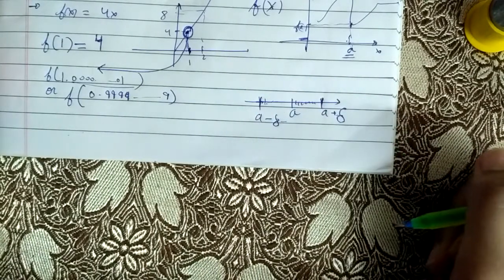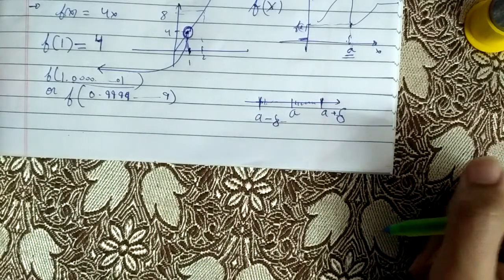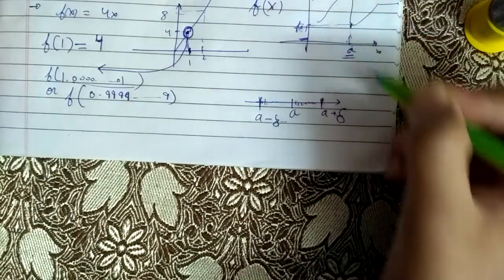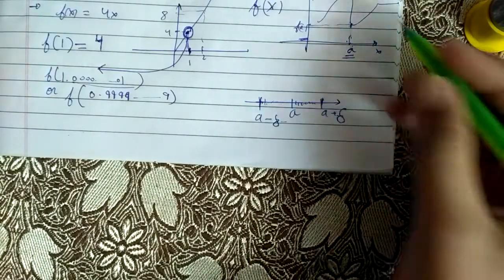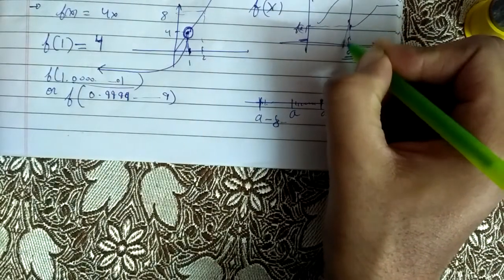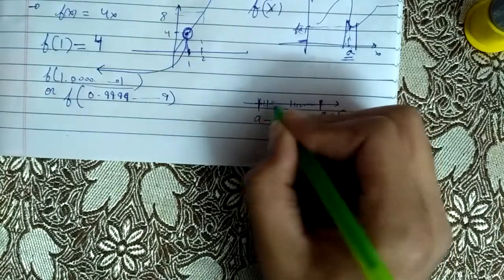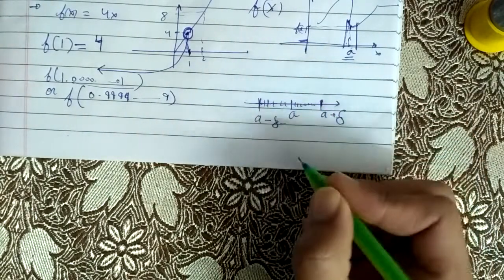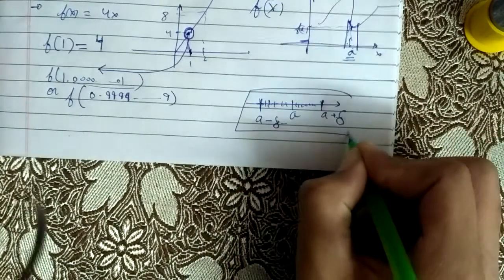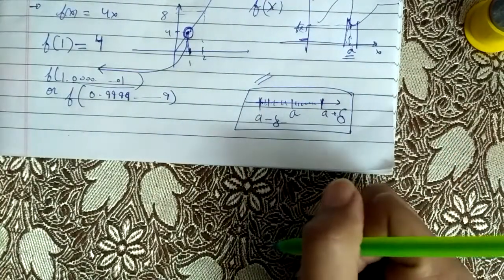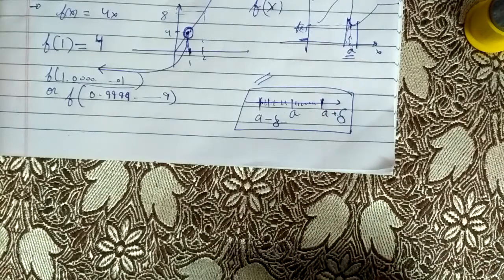And if the function is defined between these, it means that the function is continuous between these two values, and we will be focusing on this neighborhood.